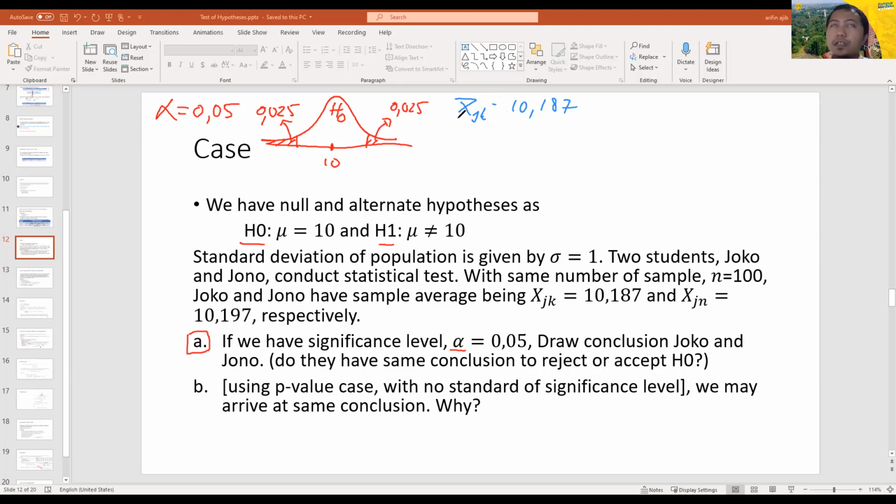This one. The location is here. This point, 10.187. Okay, the blue one here.